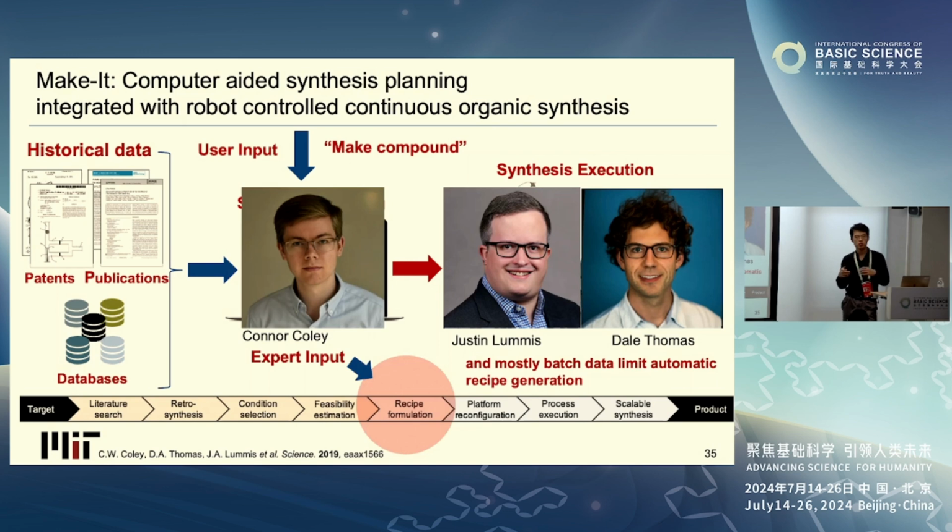For example, in flow, we need to have the reagents soluble in the solvent, whereas in batch, it's okay, just stir the system. So we still need some expert input, but the computer-aided synthesis planning at least gives us a very good initial idea to come up with the recipe that we can finally use in the automated synthesis.